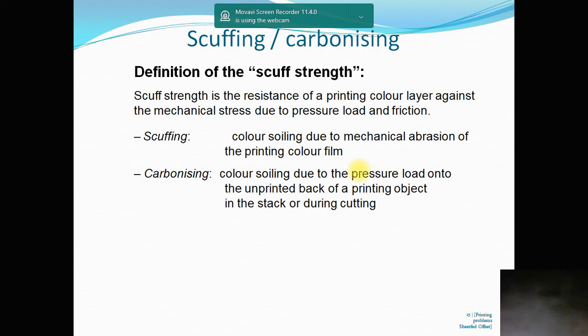When cutting also, in the cutting machine, we find this carbonizing problem.